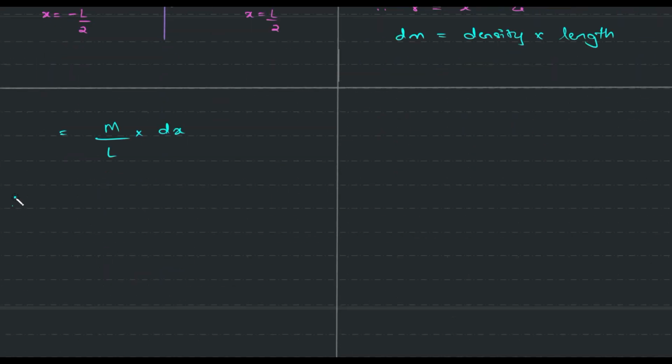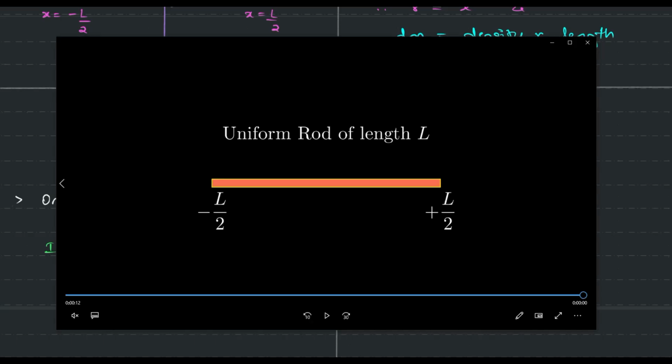On substituting into I, what we have is I is equal to the integral of x square m by L dx, and we are integrating from one end, that is minus L by 2, to the other end, L by 2. That's what we saw over here as well, from minus L by 2 to plus L by 2.